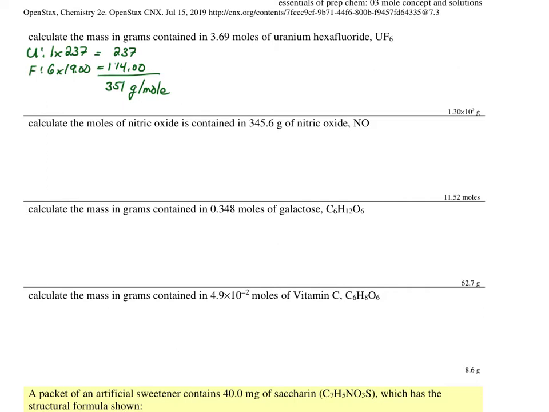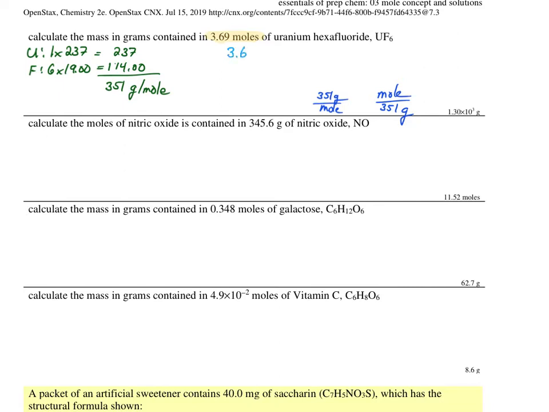So we can write our 2 conversion factors. And we go back to the statement of the question. And here's our number with its unit, so we'll copy that over.